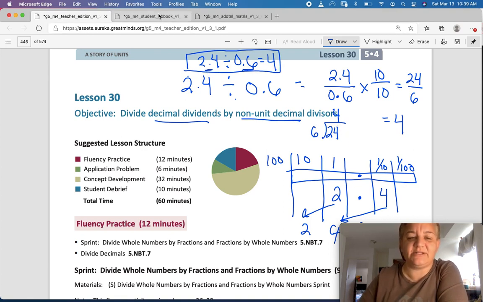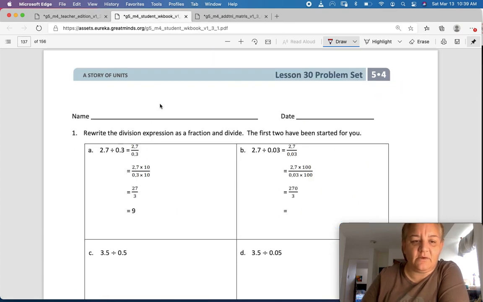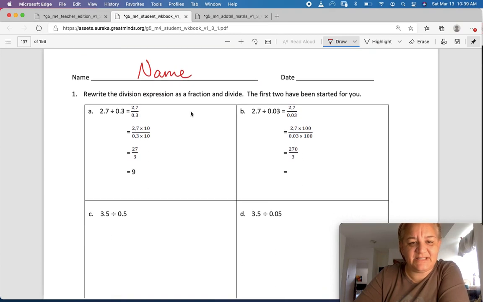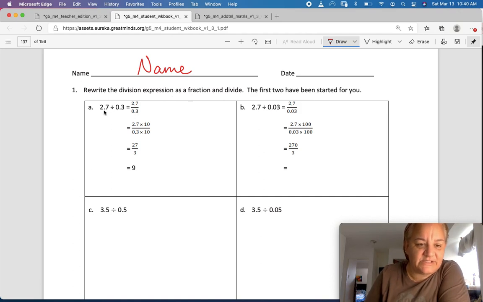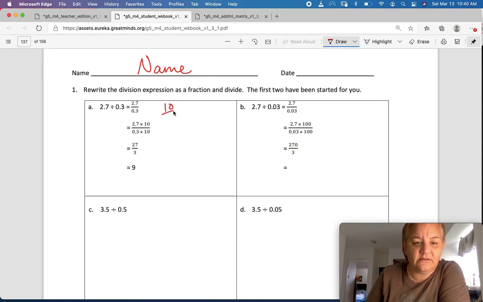Now let's go back to our Learn book. Name on your paper. Rewrite the division expression as a fraction and divide that. So that's just what we just did on the other page. I've written 2 7/10 divided by 3/10 as a fraction, 2 7/10 over 3/10. Now I'm going to multiply by 1 because you know that 10 over 10 equals 1.